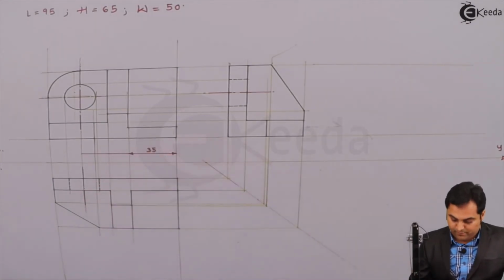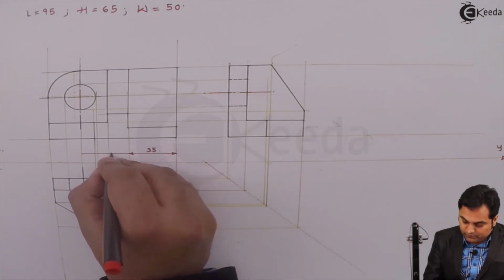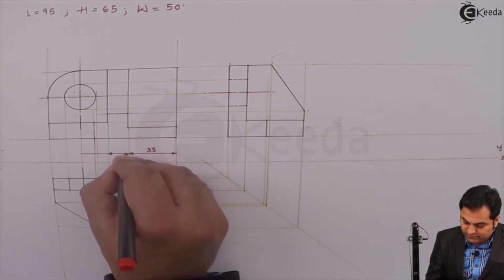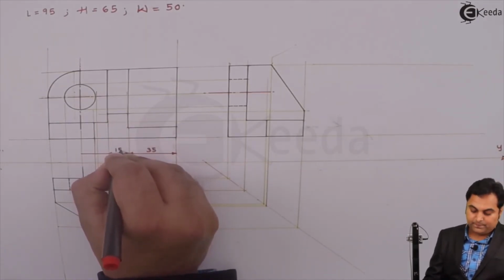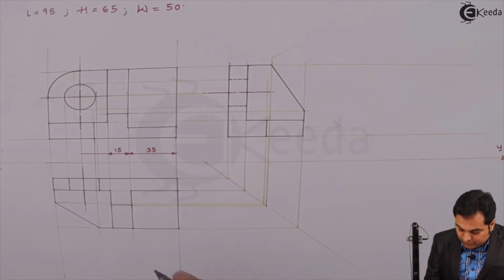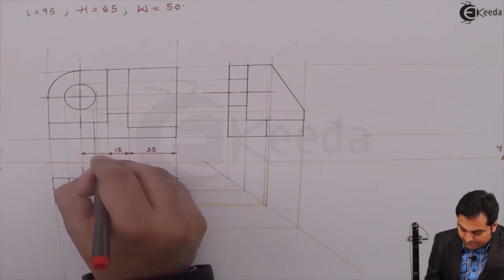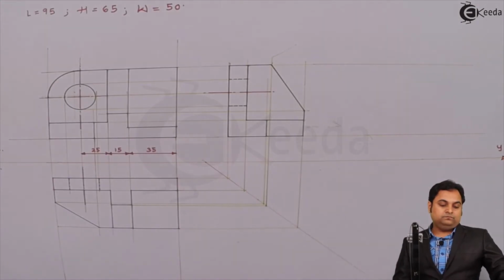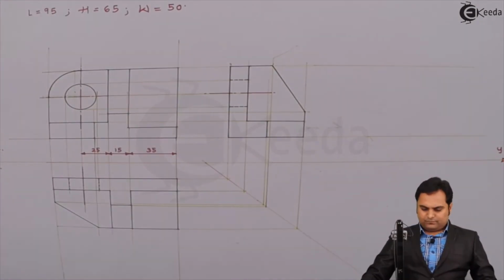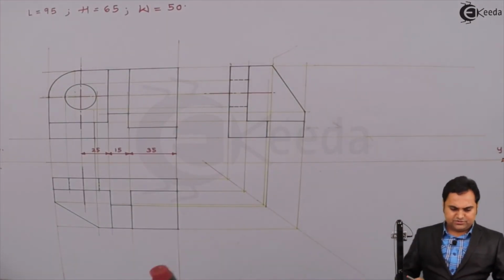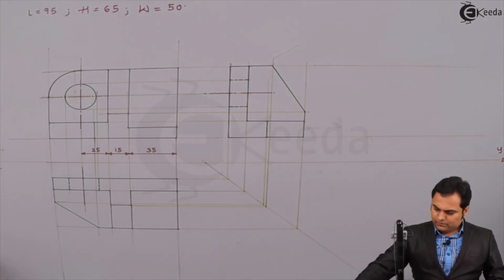This is 35 mm. Then this block is having a length of 15 mm. Next, the center is located at 25 mm. So here I'll be giving the dimensions one by one.